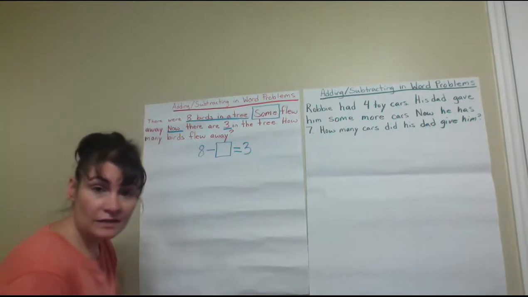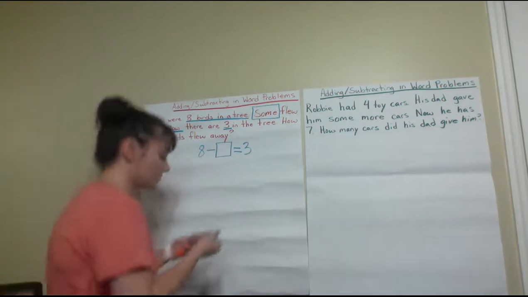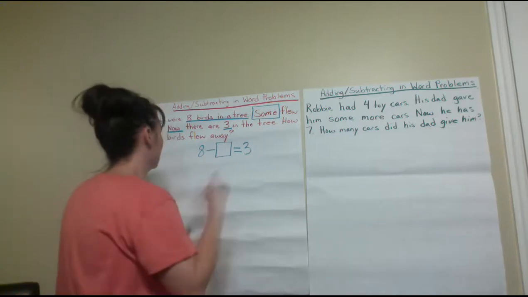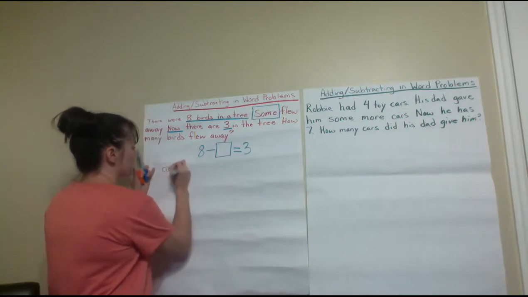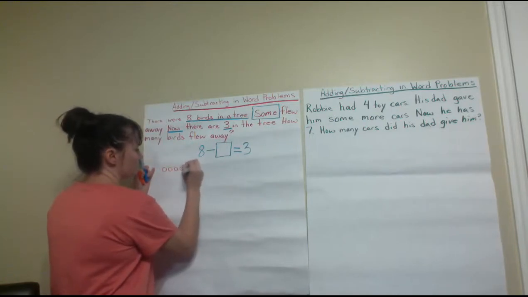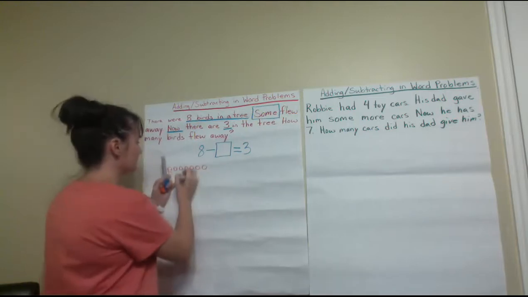I heard some great thinking. So if I know there were 8, I'm going to start off with this model. I'm going to show that there were 8. There are my 8 birds.